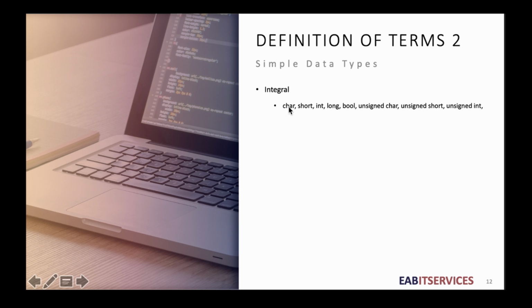The integral part, we have char, short, int, and these come with different sizes. We'll look at them too. The next simple type is floating point. You can think of floating point as the type that deals with decimals. So if we want our program to accept decimals, then we should look at floating point data types, which we use float, double, or long double.